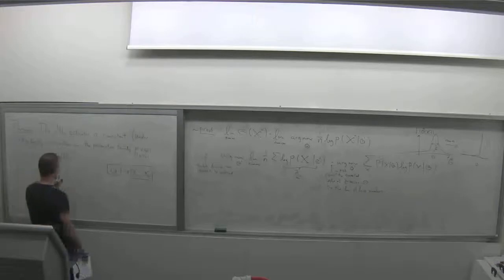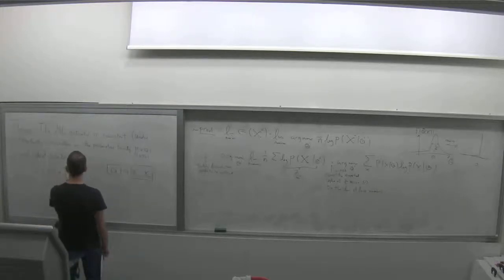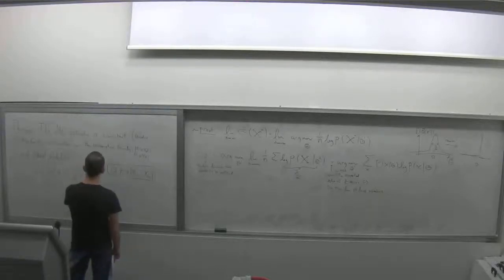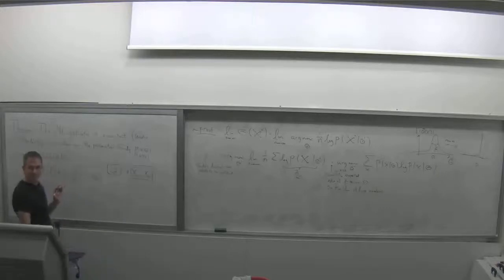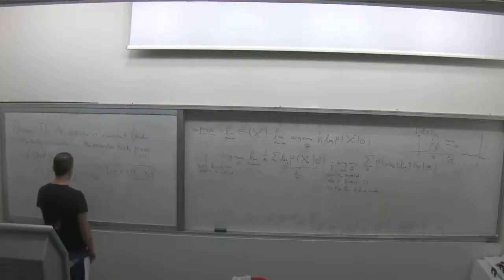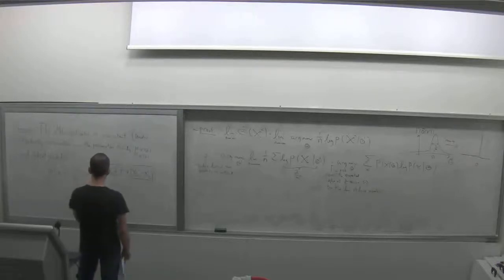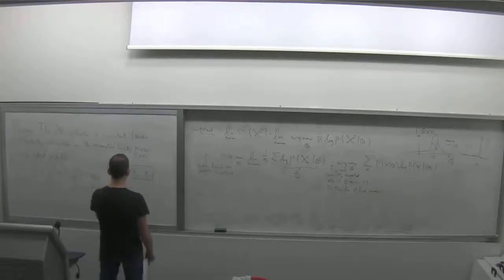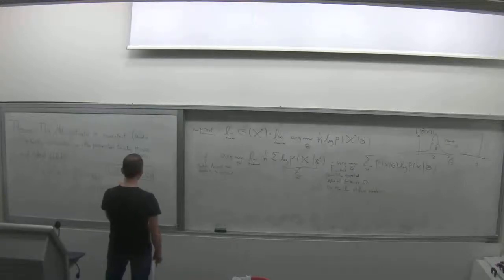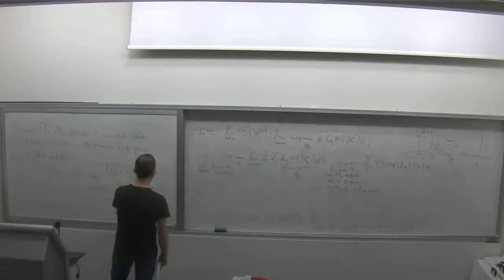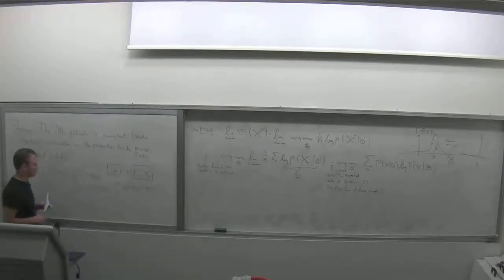In principle, this is the sum over values of z, p of z given theta. That's it. But now we have this law of the unconscious statistician, which says since z is a function of x, we can write it as the sum over x of this function g of x times p of x given theta. And what is this g of x? It's what's written here. It's log of p of x given theta prime.